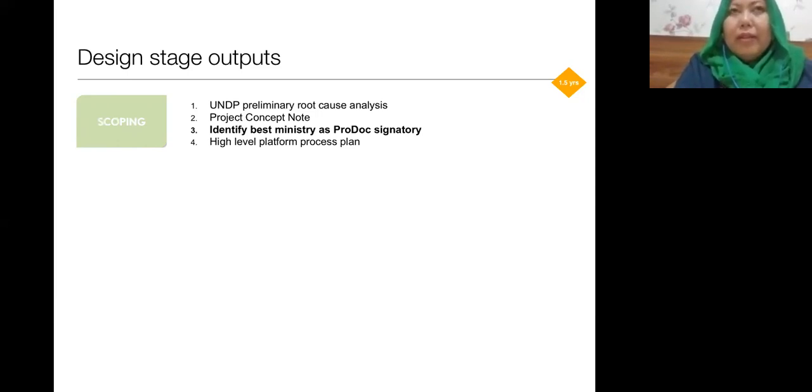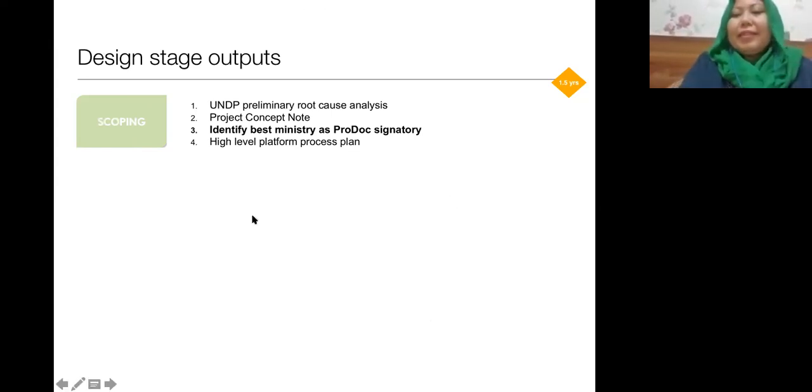But then when the platform evolved, we also involved the Ministry of Coordinating Affairs, because they can actually lead or coordinate the different ministries that have to be involved in the platform. I think that's my learnings.